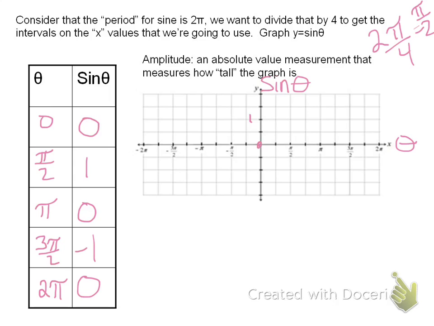At a theta of pi over 2, the sine is 1. At a theta of pi, the sine is 0. At a theta of 3 pi over 2, the sine is -1. Keep that scale consistent. And then at 2 pi, we wrap back around to 0.